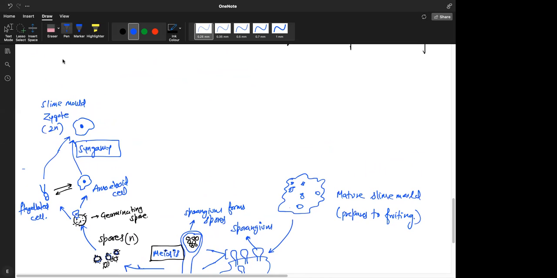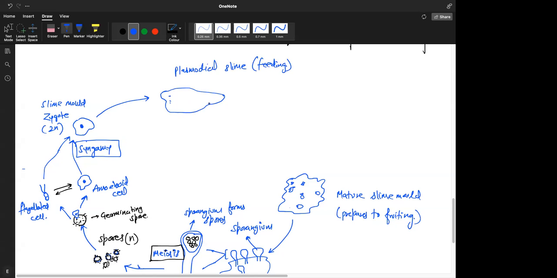And then what happens? This zygote, which is 2n, then develops into a slime mold kind of cell, which is called plasmodial slime, also known as feeding slime.